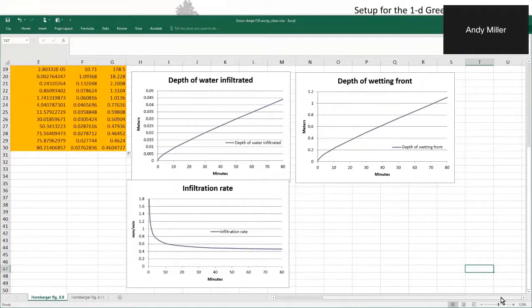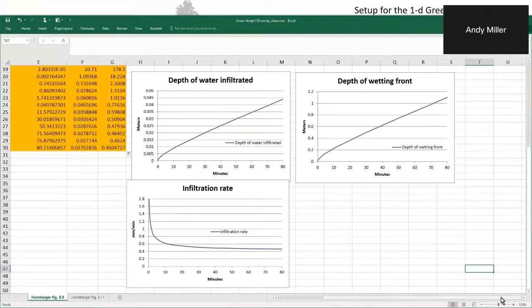And over here, the infiltration rate is doing exactly what we would expect. You're starting with a very high infiltration rate, about 1.8 millimeters per minute. 1.8 millimeters per minute is a little bit less than 120 millimeters per hour. No, 60 times 1.8 would be, yeah, it's about 120 millimeters per hour, which is pretty unusual around here.